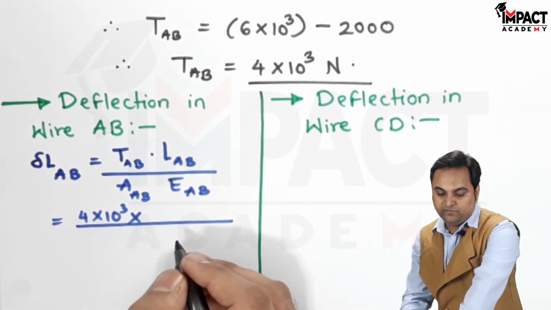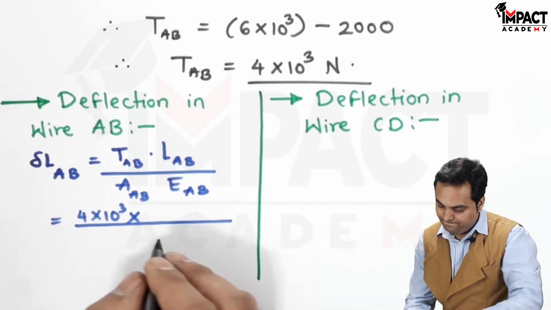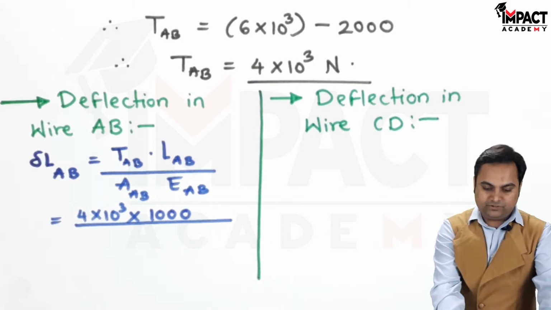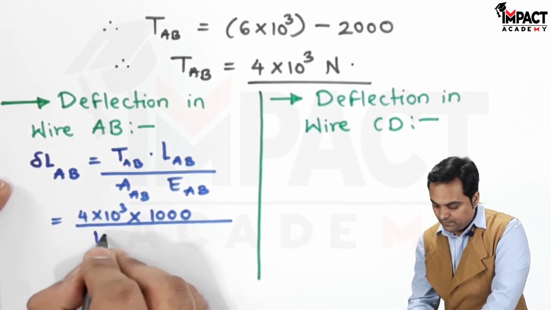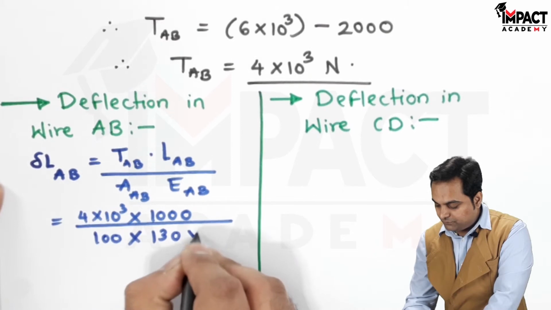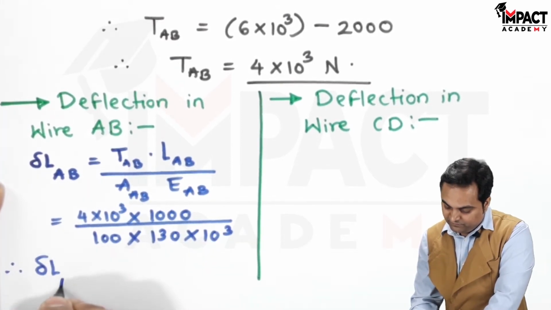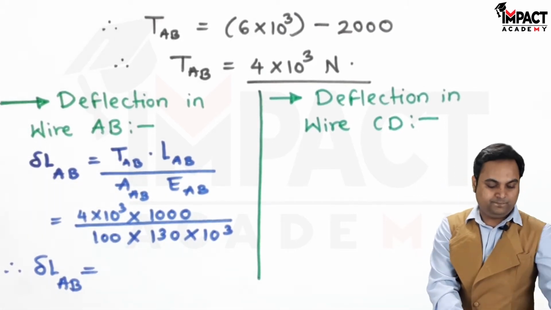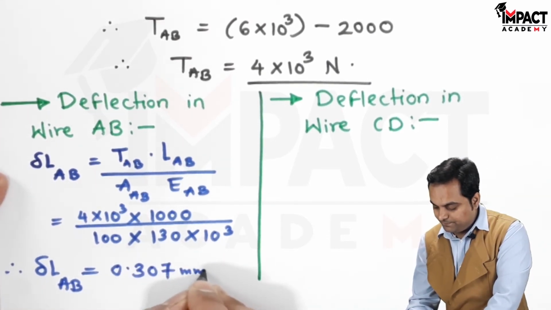Length of the string AB was given in the problem. It was 1000 mm. Even the cross sectional area is given, and that was 100. Young's modulus for AB is 130 into 10 raised to 3 Newton per mm square. So finally the deflection in AB comes out to be 0.307 mm.